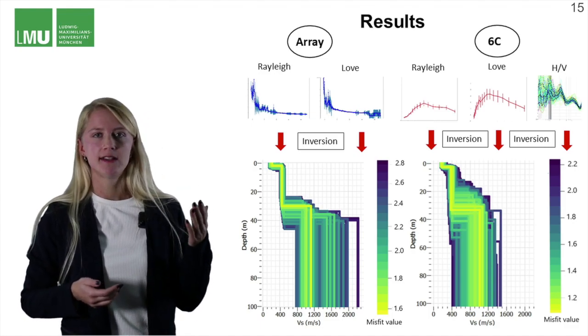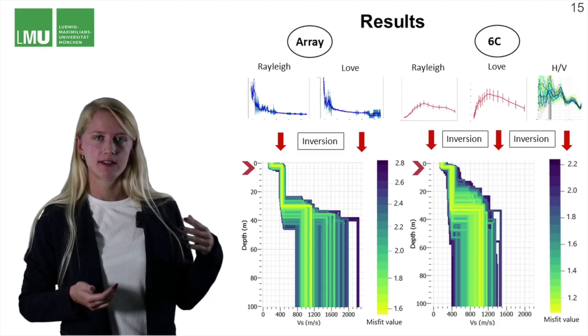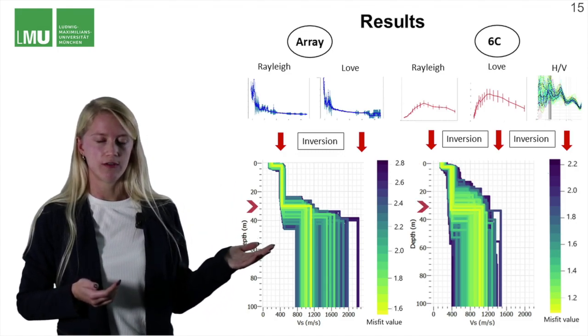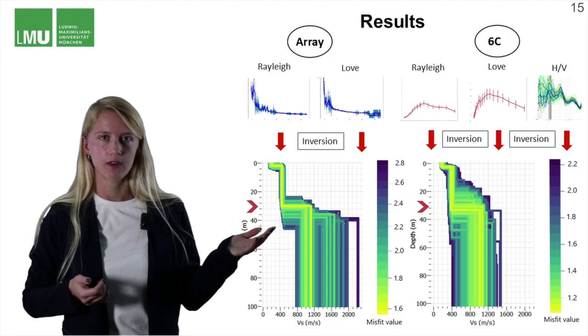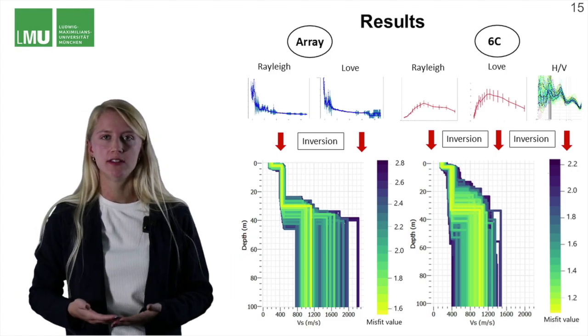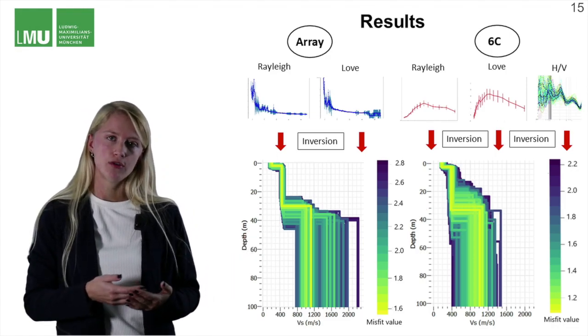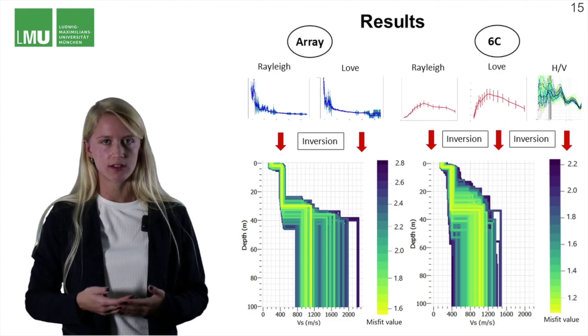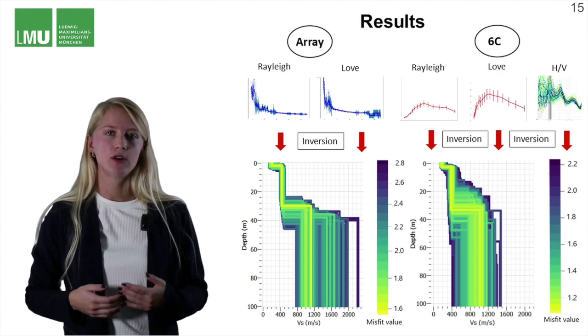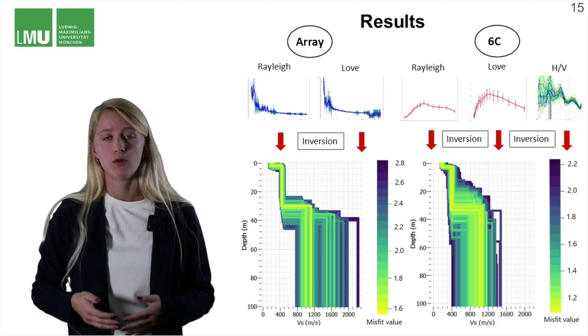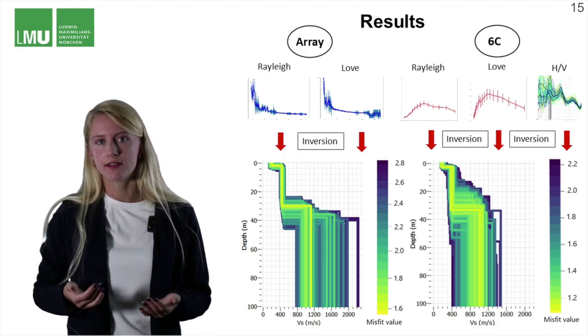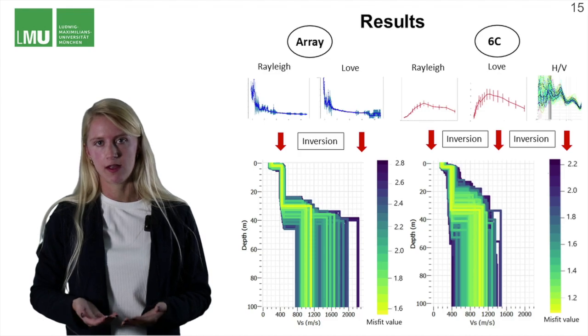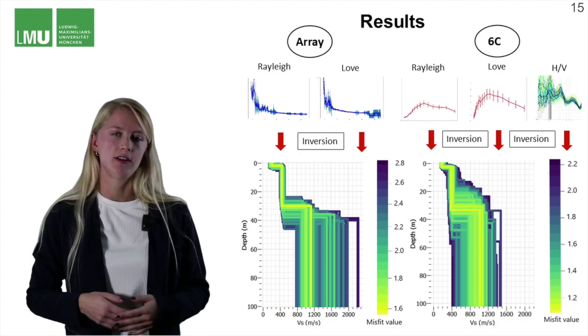The upper one lies at about 5 meter depth, and the second one at about 30 to 35 meter depth. In addition, the velocities are also quite similar. In both cases, the lowest S-wave velocity we reach at the surface is about 200 meters per second, which is quite small, so indeed there could be an amplification of the waves. But this is under investigation in an ongoing study.